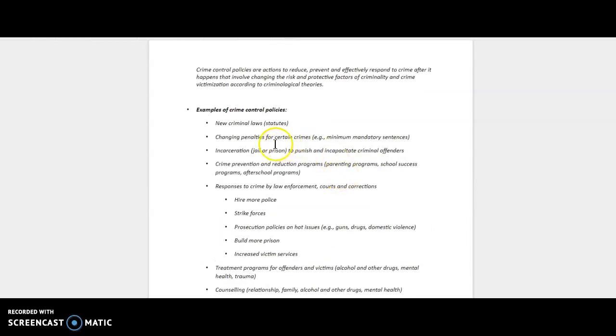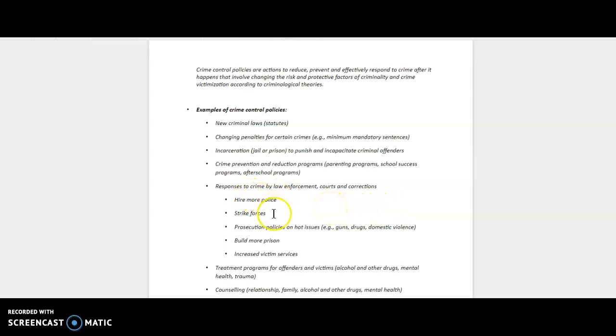So examples are the state legislature passes a new law criminalizing identity fraud. That's an example of a crime control policy. Perhaps there's a decision to make something a minimum mandatory prison sentence. Conviction of a certain crime requires serving a minimum amount of time in either jail or prison.